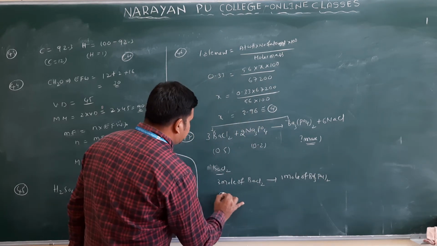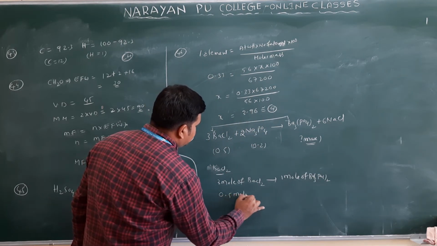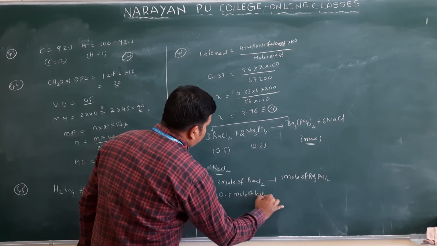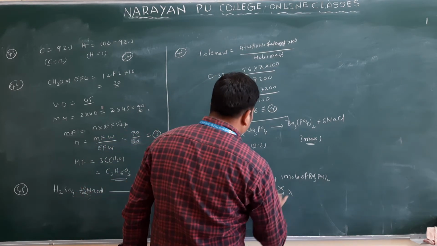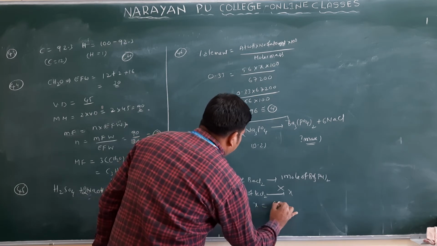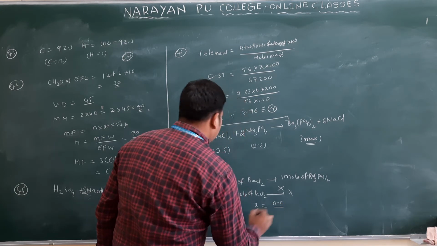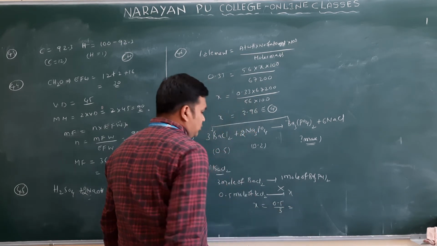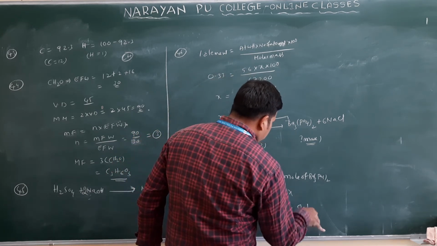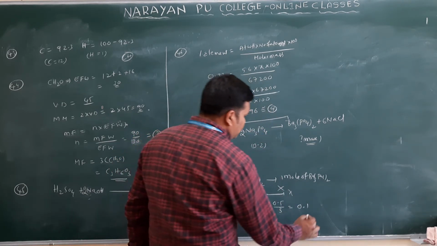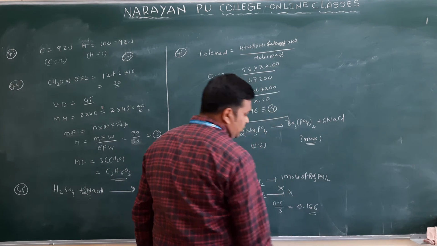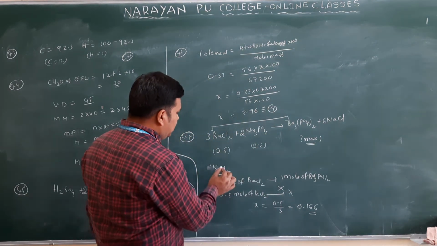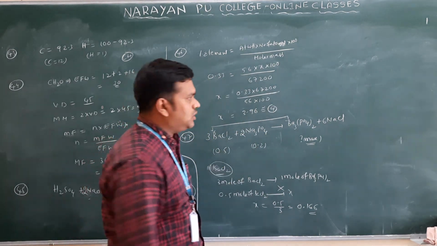But here how many moles are given? 0.5. So 0.5 moles of BaCl2 gives how much? x moles. So x equals 0.5 by 3, that is 0.166. That is by taking BaCl2.